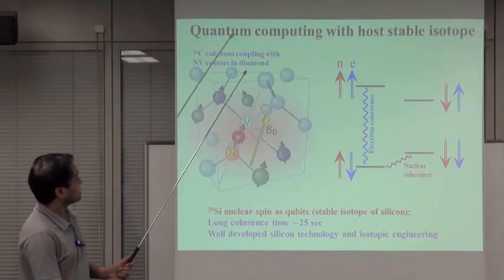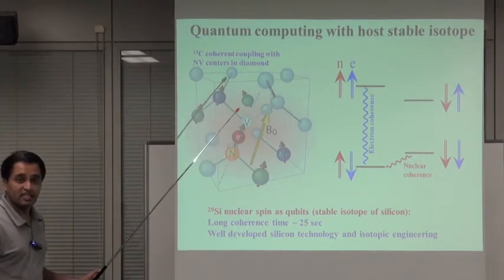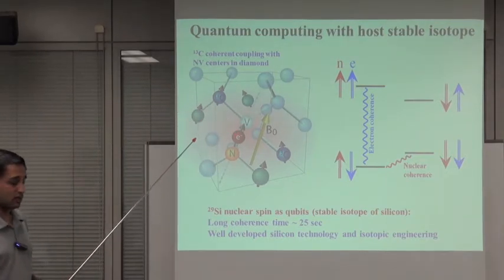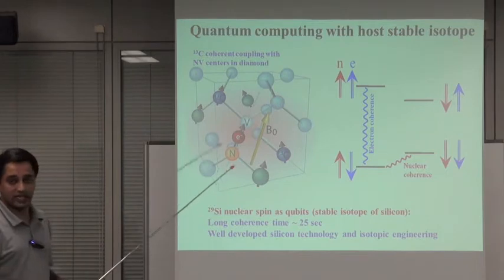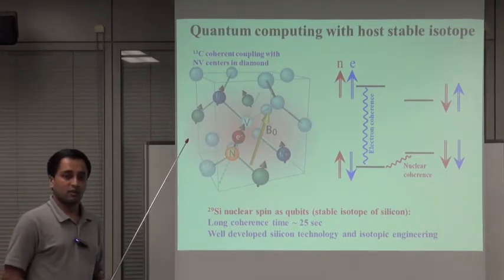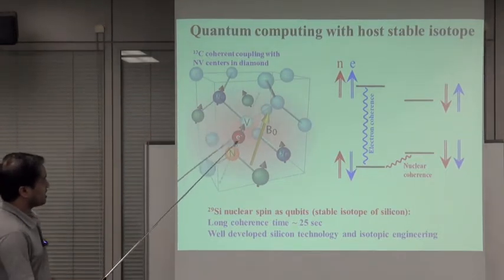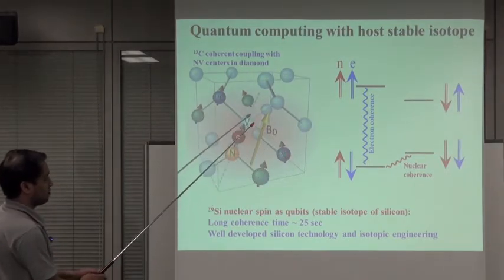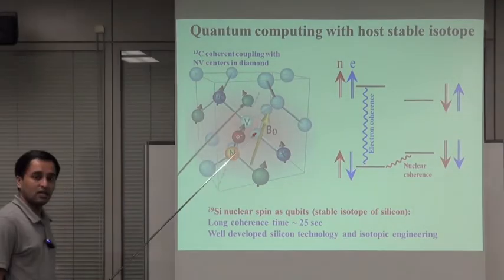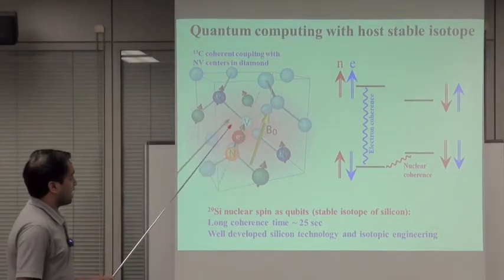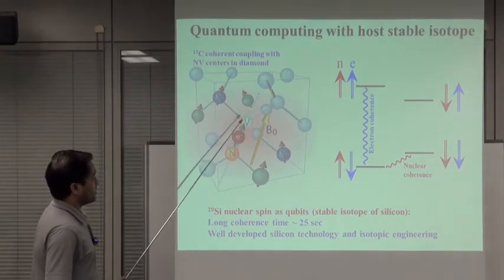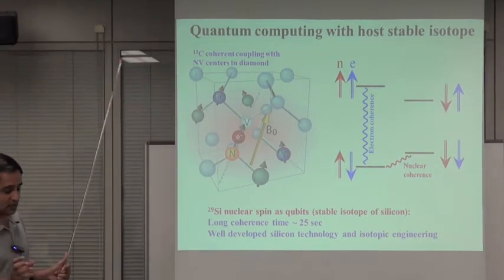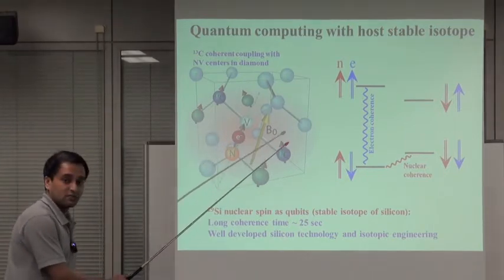The important thing is that there have been such studies in diamond, where NV centers, which we all know are a very good candidate for quantum computing, have been used. It has been proposed recently that the hyperfine coupling of the NV centers with the nearest neighbor 13 carbon isotopes in diamond can be used as coupled hybrid systems, like electron spins coupled to nuclear spins.